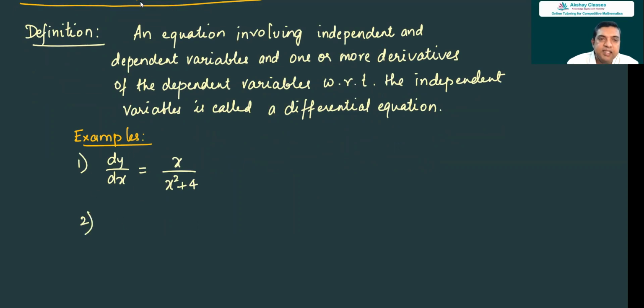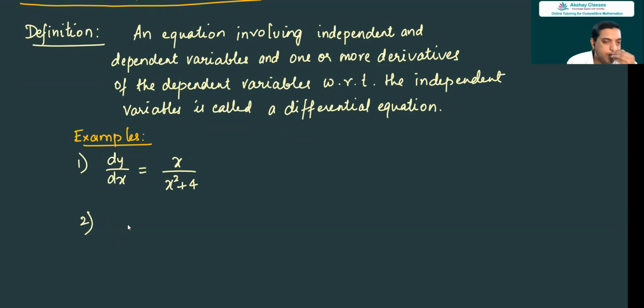What is the independent variable here? Independent variable is x, dependent variable is y, and we have a derivative of y with respect to x. So this is one example.